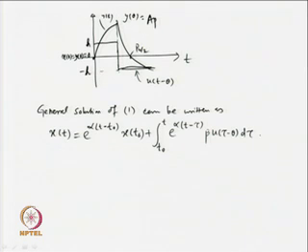So, this is the standard solution for a state equation given in the form of x dot t is equal to alpha x t plus beta u t minus theta.